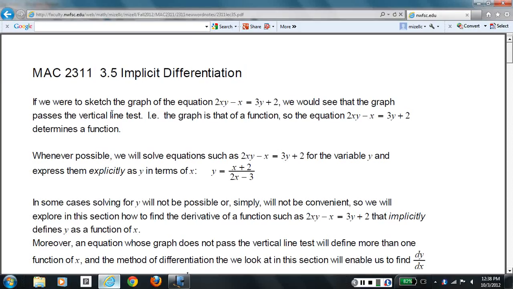Sometimes when we do that, we get something that defines a function of x. It'll pass the vertical line test. Sometimes, if we write down an equation with x's and y's in it, it won't pass the vertical line test.